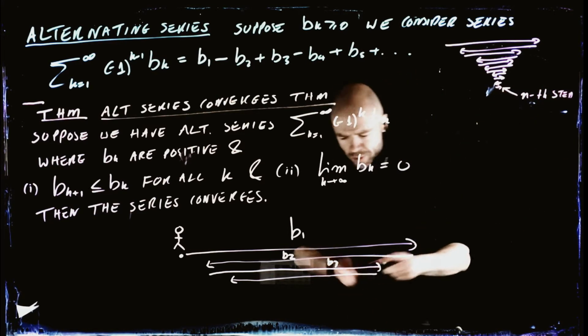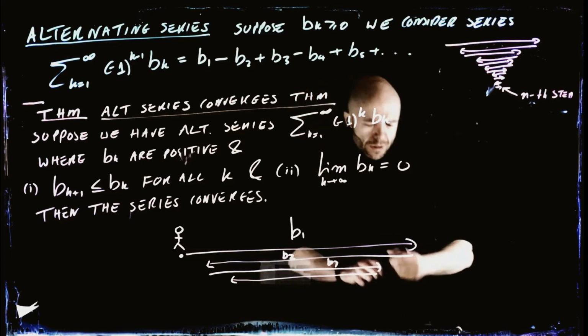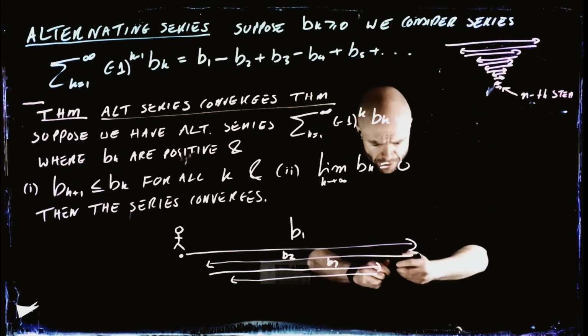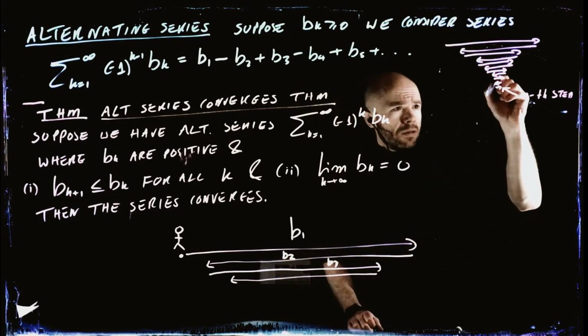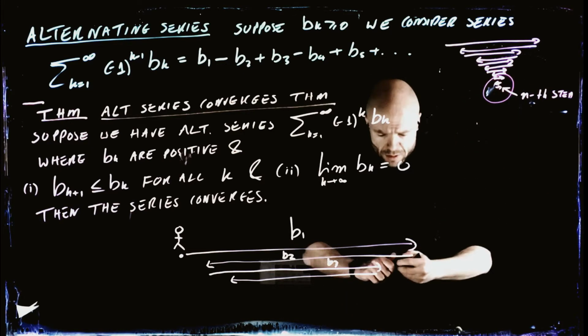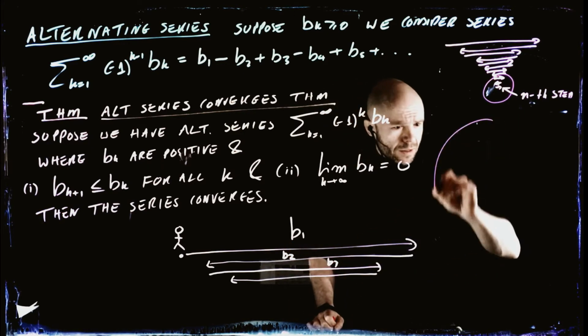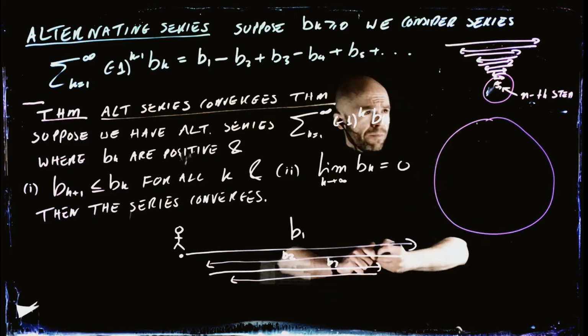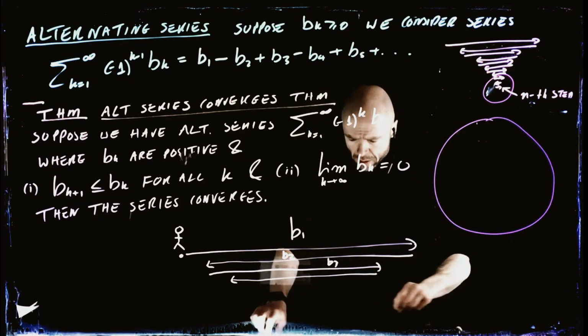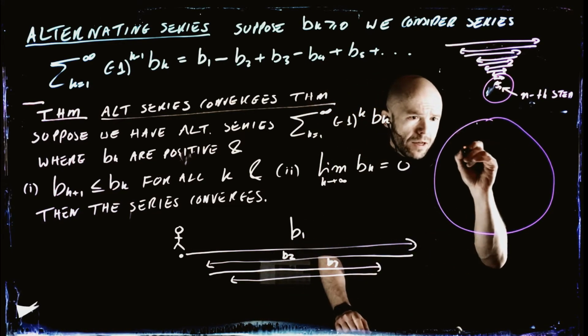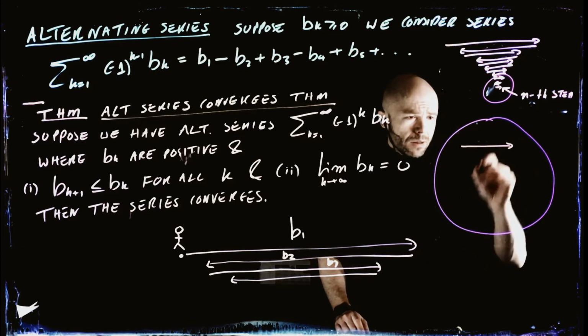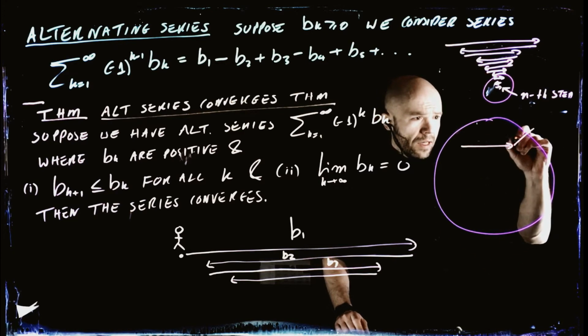And let's blow up this picture and see what it looks like. So this is our magnifying glass, or microscope, whichever metaphor you want. And here we are at the nth step. We are here. Okay, so we've just taken the nth step. We are here.